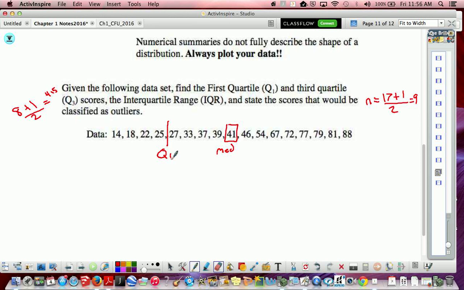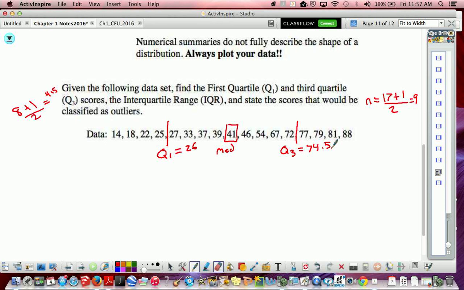There's Q1. Q1 would be equal to what value? 26. Now it's between 4 and 5 here. 1, 2, 3, 4. Q3 would be 74.5.